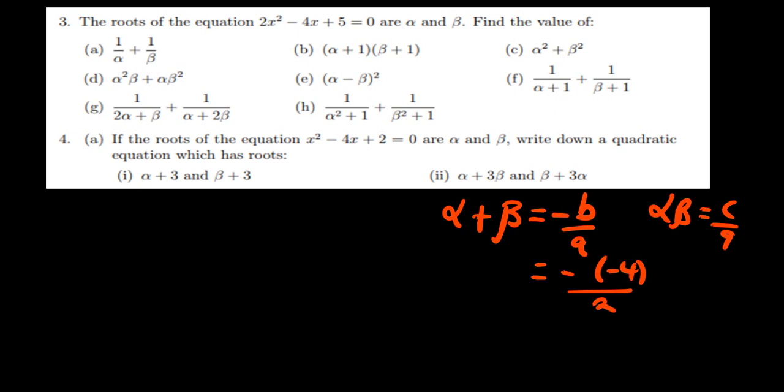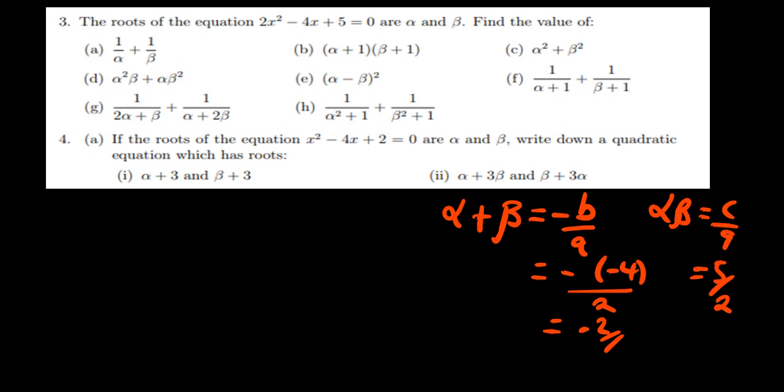So our alpha plus beta will just be negative 2. What about our alpha beta? Our c is 5 and our a is 2. So now we found our answers to be negative 2 and 5 over 2. Those are the roots.